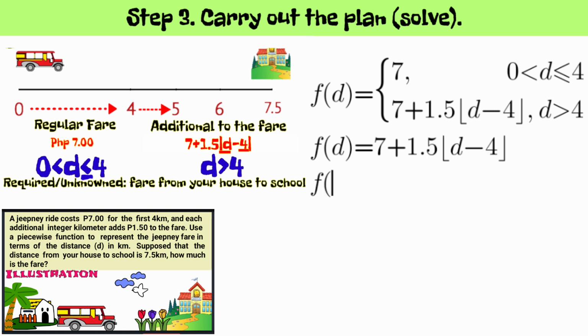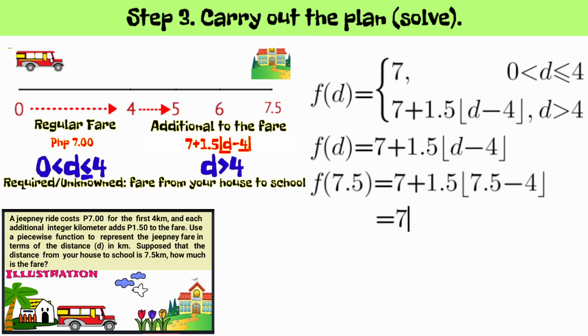Since d is 7.5, we have f of 7.5 is equal to 7 plus 1.5 times the floor of 7.5 minus 4.